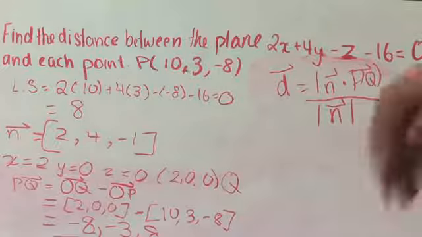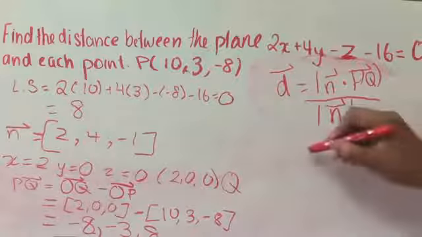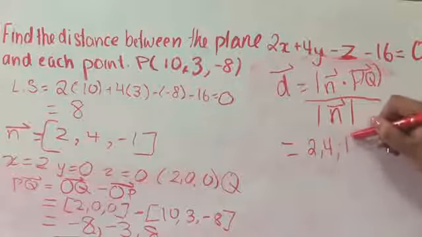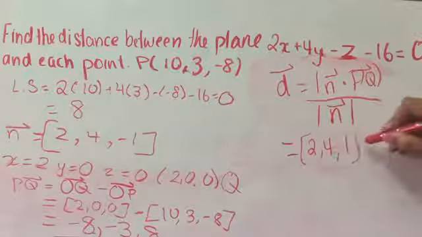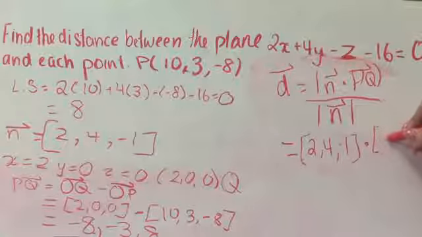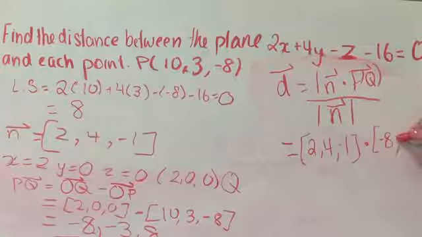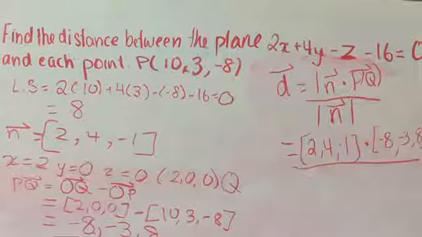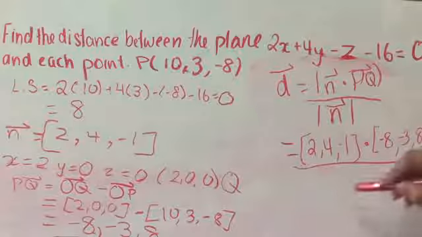And so we know what the normal vector is, so that's going to be 2, 4, -1. And we know what PQ is, -8, -3, and 8, over the magnitude of the normal vector.